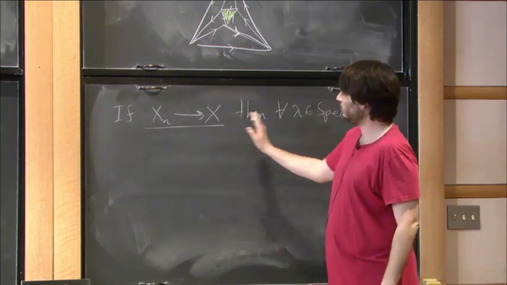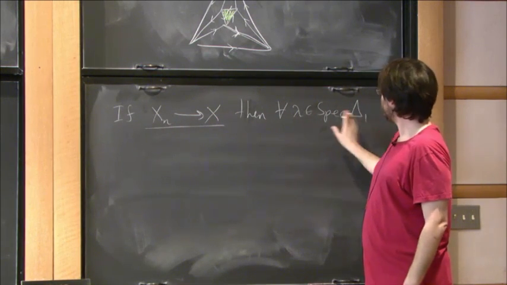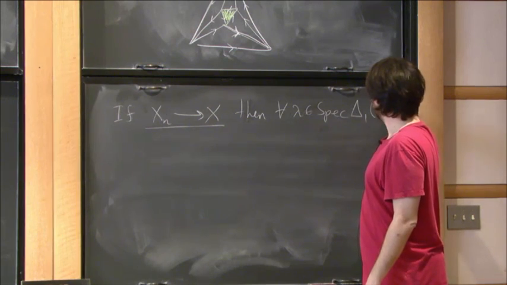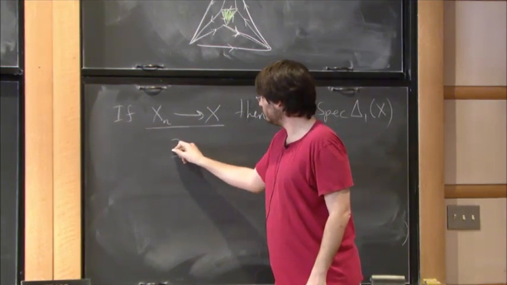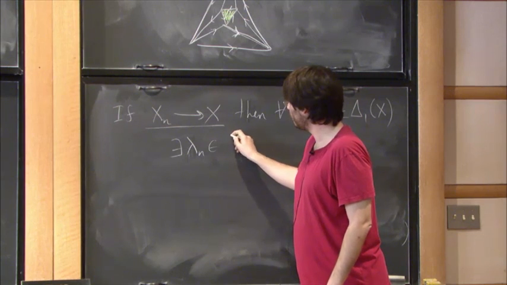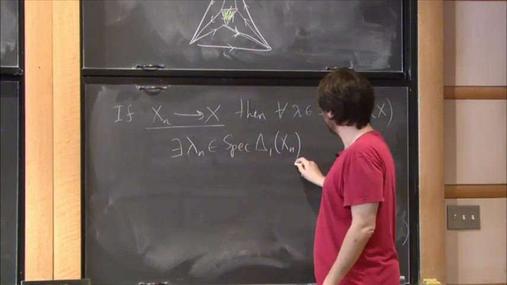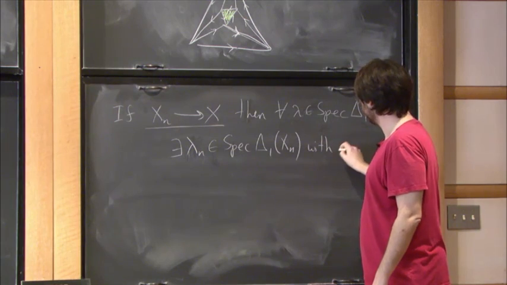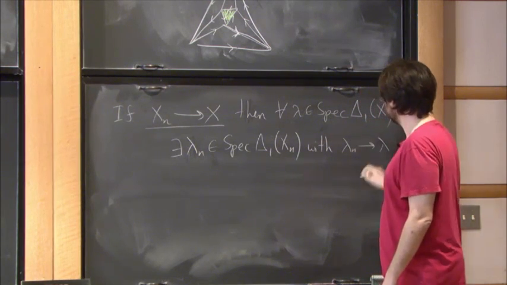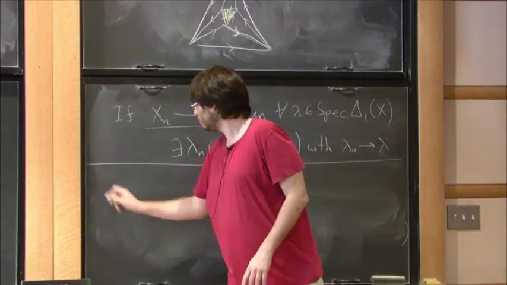If a sequence of, let's say, triangle complexes converges to some complex, then for any value in the spectrum of the limit complex, there exists a sequence which converges to this value. And what here is convergence?